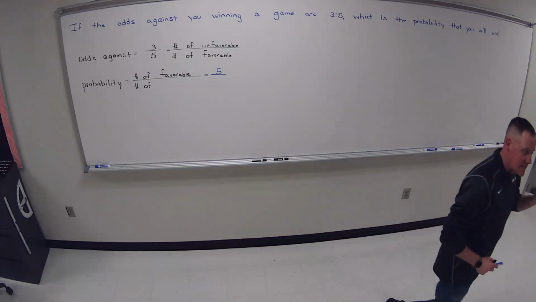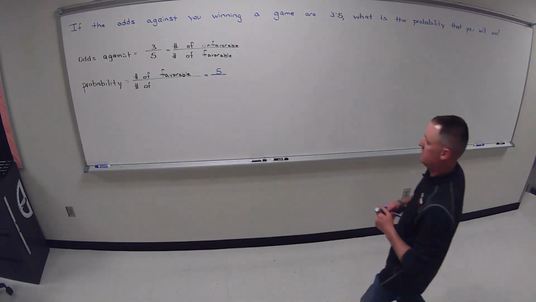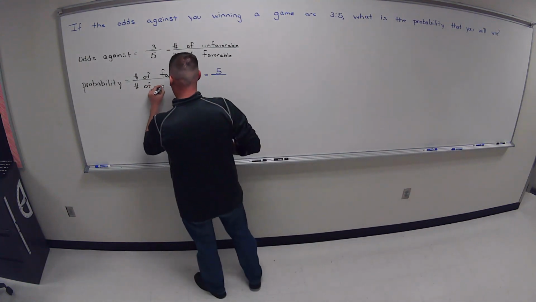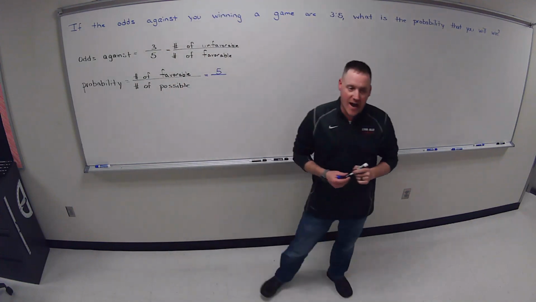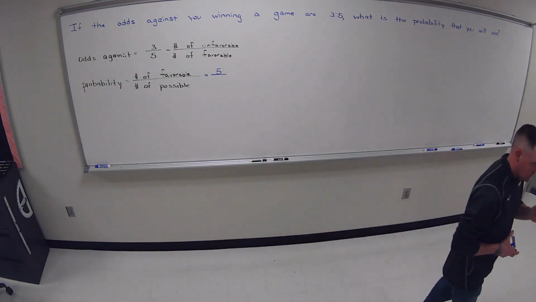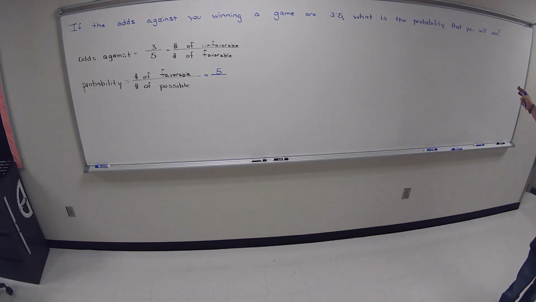Now, what's the denominator in my probability? Number of possible. This is what's not given. It's not one of the numbers on there, because some people say, well, I've got to put a 5 on the top, let's just put a 3 on the bottom. Except, what would 5 over 3 be? That would be odds in favor. And how do I know 5 over 3 can't be my answer to this question? Raise your hand, please.